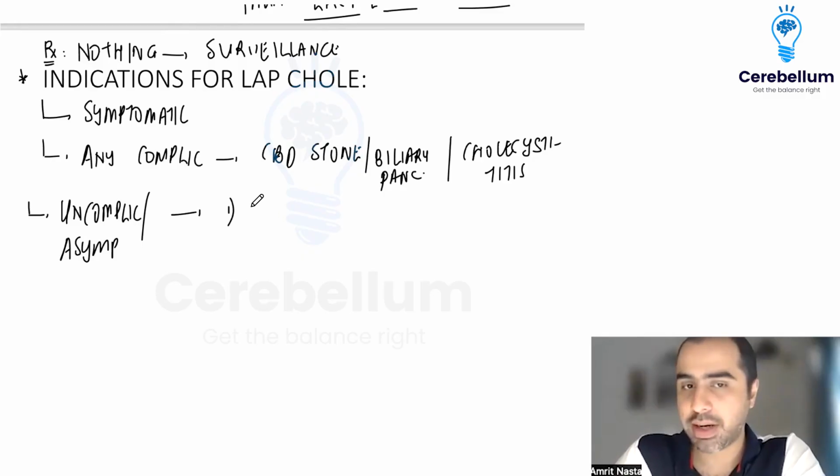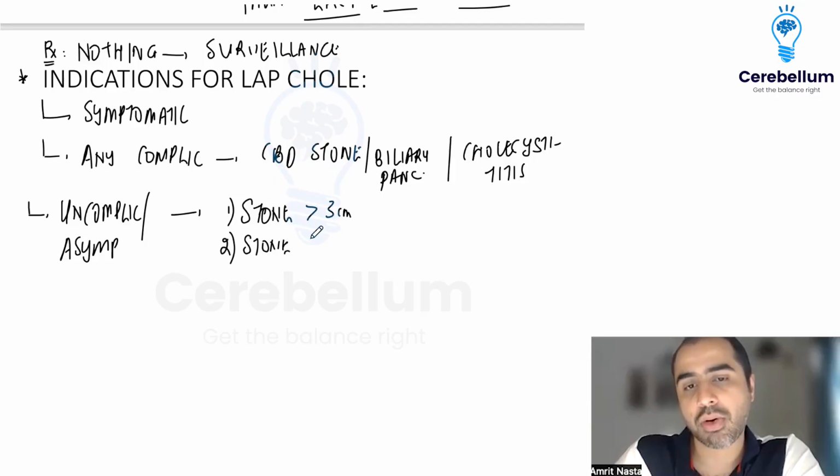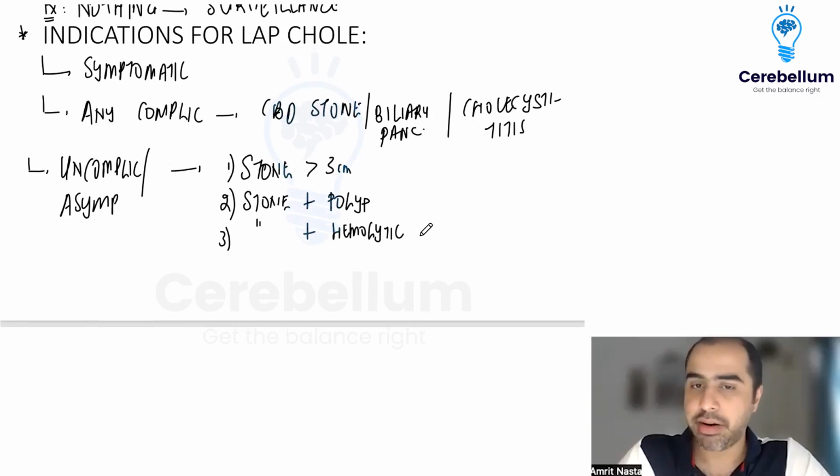The important ones are if the stone is very large, more than 3 centimeters, or along with stone, the person also has a gallbladder polyp. So stone with polyp, or person has stone and he has hemolytic anemia, like hereditary spherocytosis, or person has stone and he's about to undergo bariatric surgery.